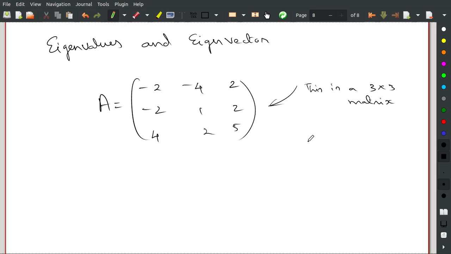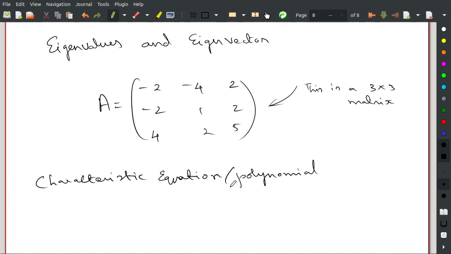write the characteristic equation. The characteristic equation or characteristic polynomial is what we have to find, and it is nothing but the determinant of A minus lambda I, and we have to equate it to 0.